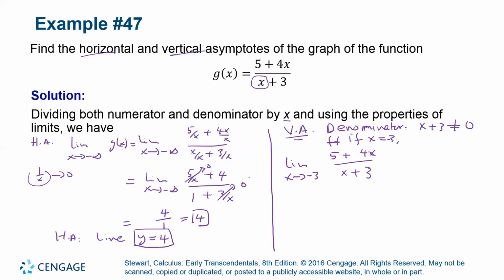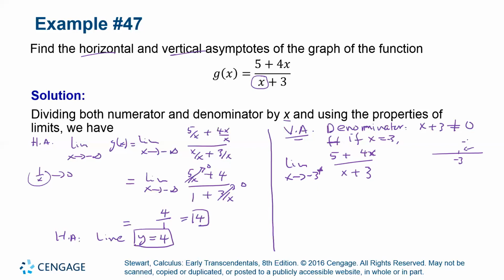I can consider approaching this from the right or from the left, since we don't want it to be exactly 0. So if I'm approaching negative 3 from the left, remember, that is a number line. Here is negative 3, so I have values coming this way.